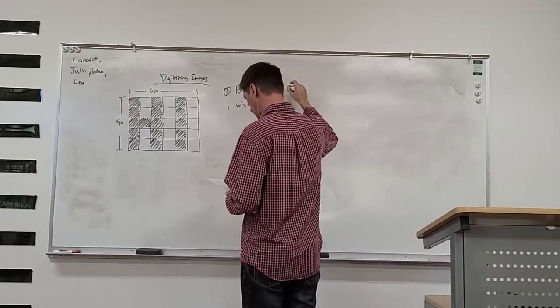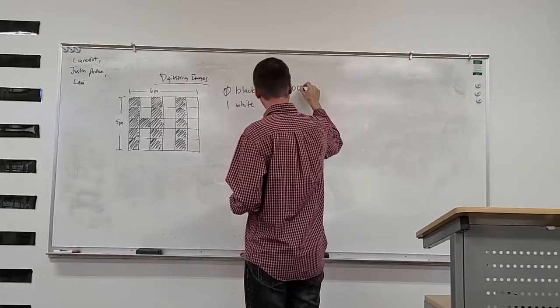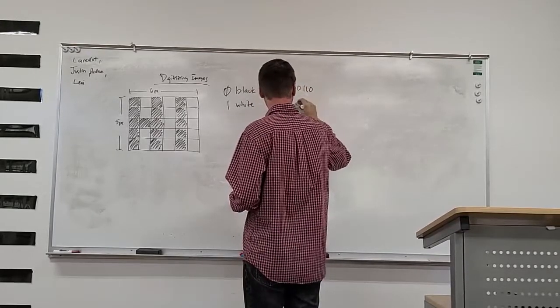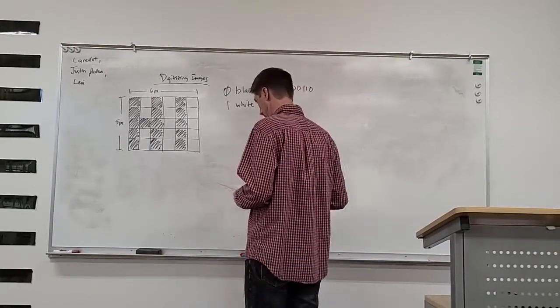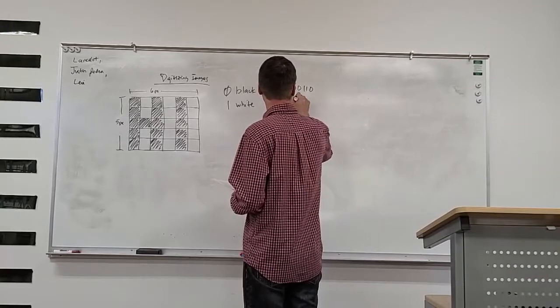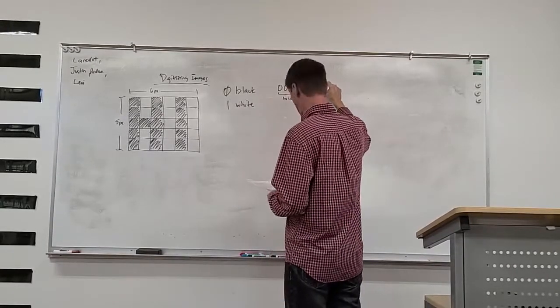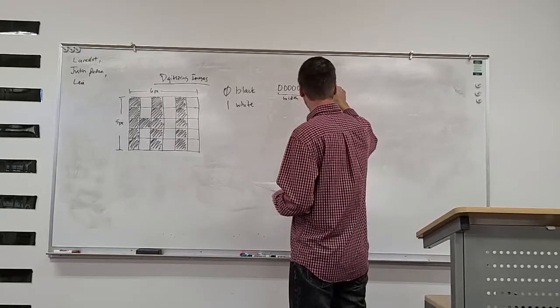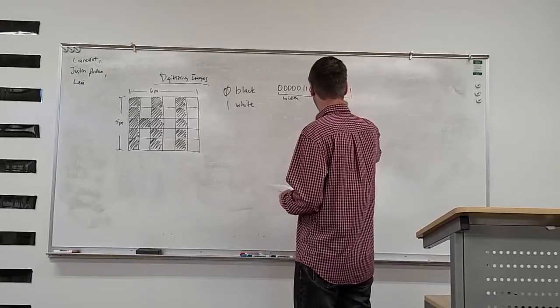And so we've got 0, 0, 0, 0, 0, 1, 1, 0. That's our width. And then we've got 0, 0, 0, 0, 0, 1, 0, 1. That's our height.